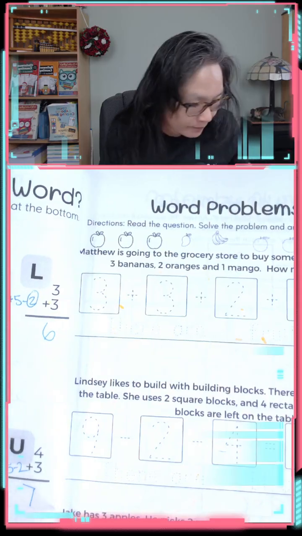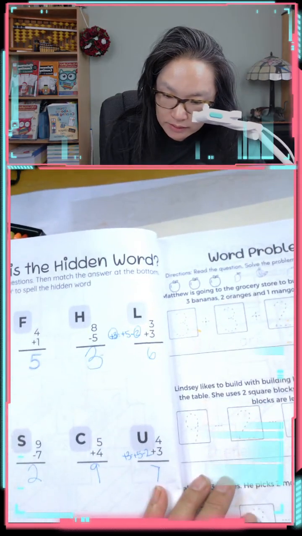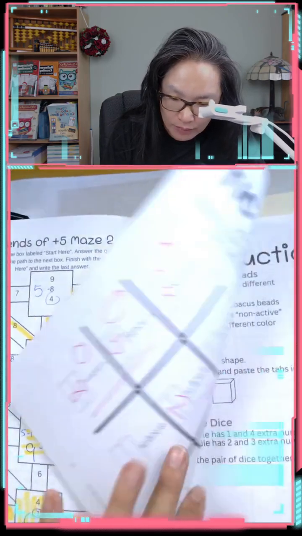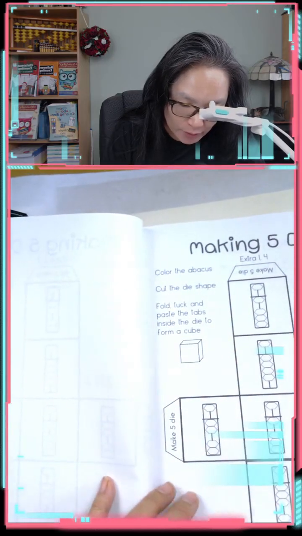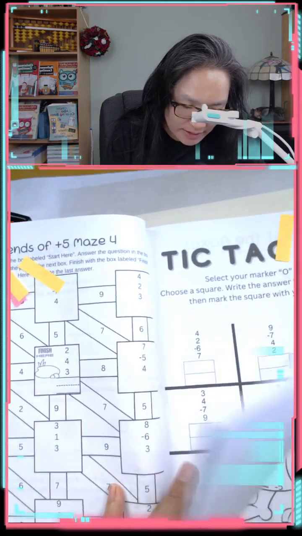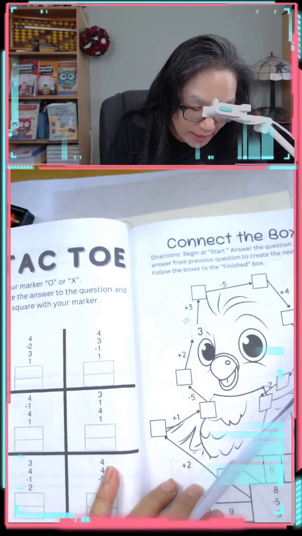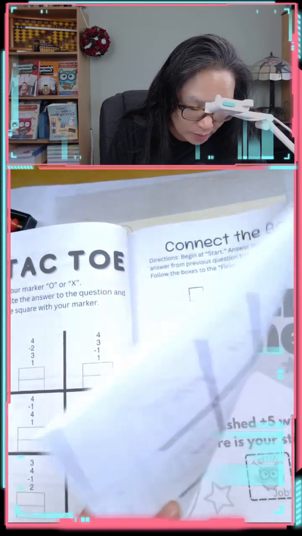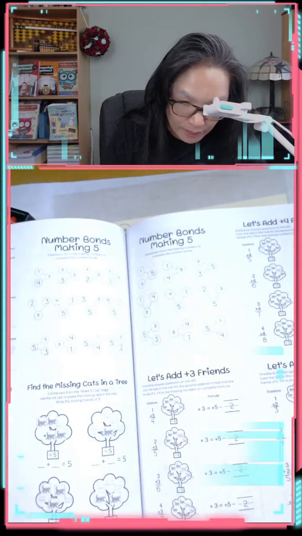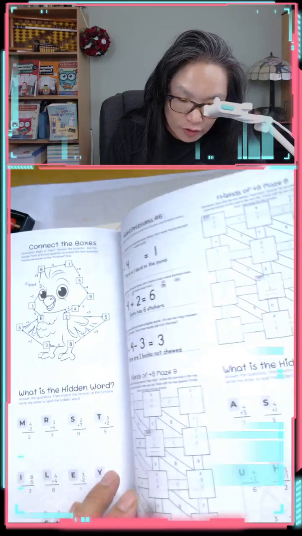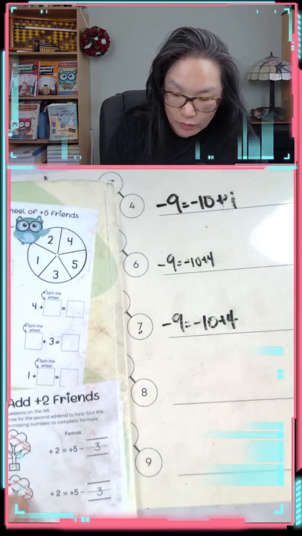So we have hidden word problems, color by number, mazes, tic-tac-toe, more mazes, and so forth. I have connect the boxes, and then color by number. I do have answers in the back of the book.